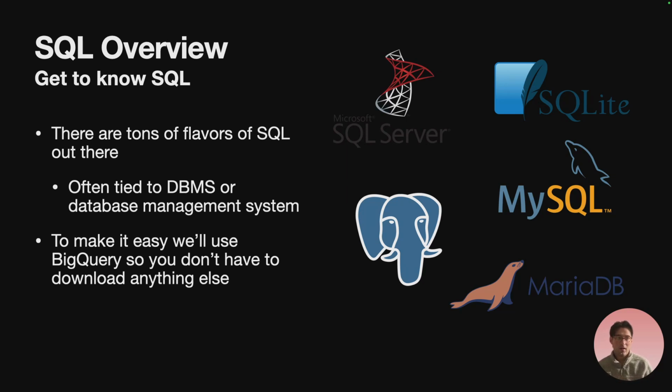Some of the most popular DBMSs, or database management system, are Microsoft SQL Server, SQLite, MySQL, MariaDB, and Postgres. All of these Metabase has a way to interact with, and I will have an example on how to connect with MySQL later on. That's kind of a bonus because we're not really going to be messing with these.